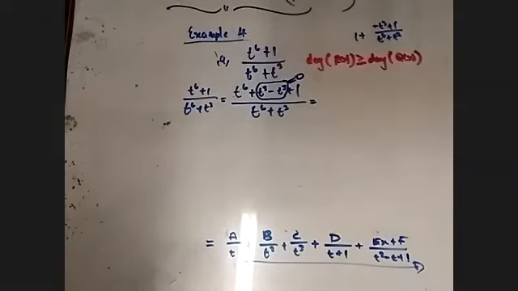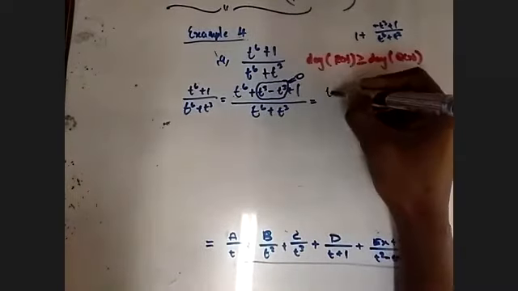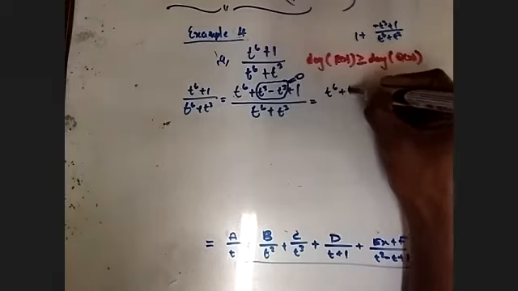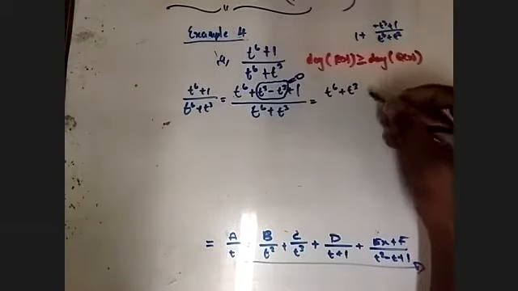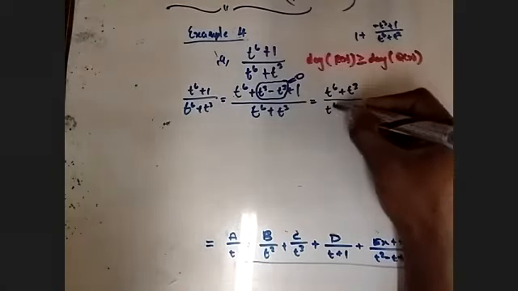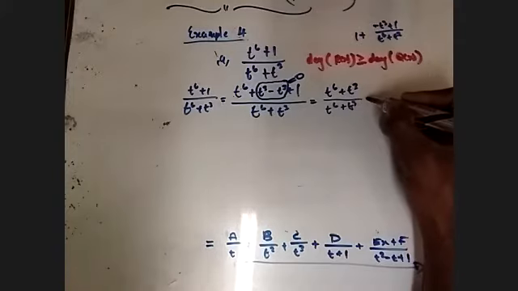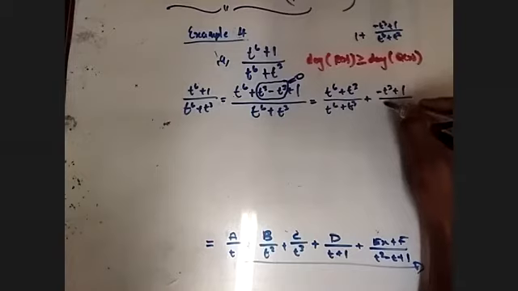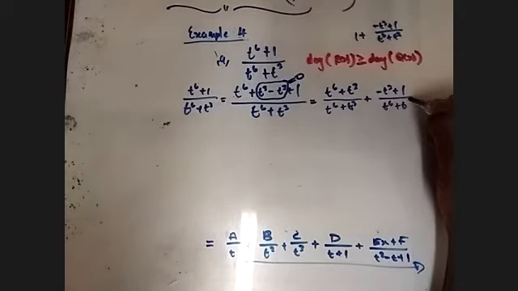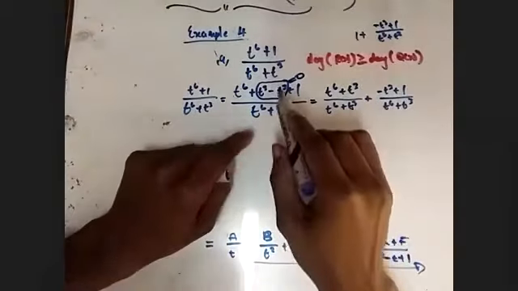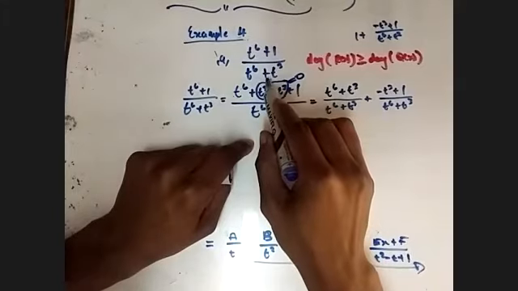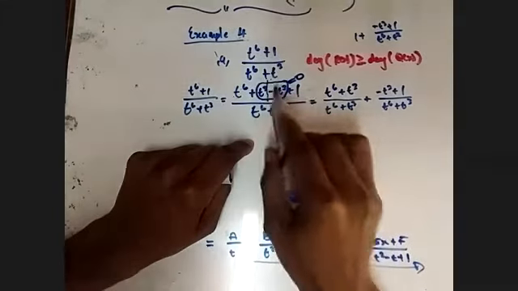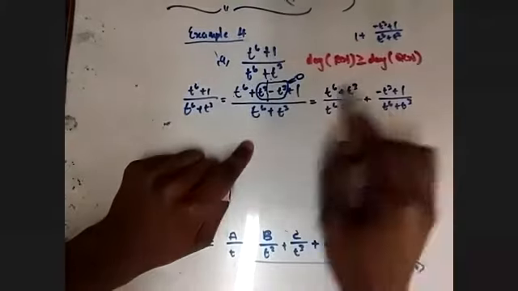Okay, so what's going to happen is I'm going to have t to the 6 plus t cubed. Okay, and then separate it and have t to the 6 plus t cubed, and then have plus minus t cubed plus 1 all over t to the 6 plus t cubed. Do you see what happened? I just separated these terms and took this one, this side, and took this one, that side. This is what I did.